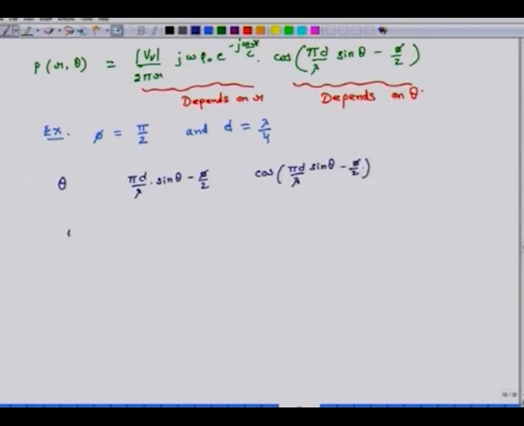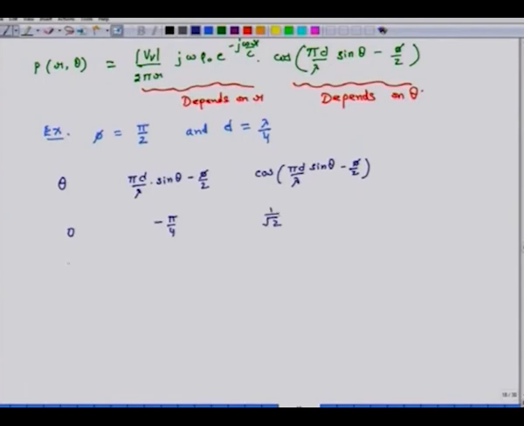So, when theta is 0 degrees or 0 radians, sin theta is 0. So, the first term is 0, phi is pi over 2, so this becomes minus pi over 4, and cosine of minus pi over 4 is 1 over root 2.